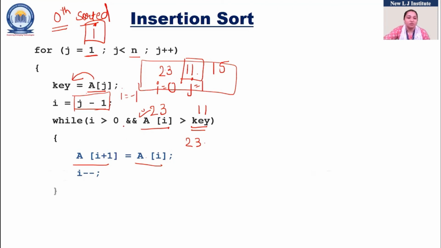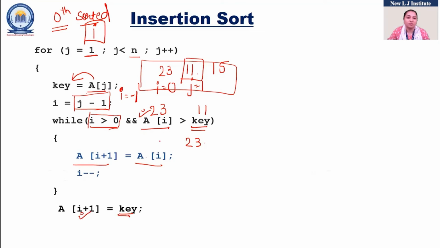Okay, so this procedure will be repeated while I stays greater than or equal to 0. As soon as I becomes less than 0, meaning in this case I becomes minus 1, the loop will be stopped, and at the last step, we will insert key at index I plus 1.